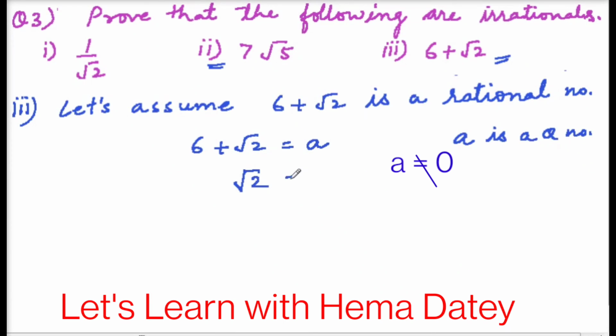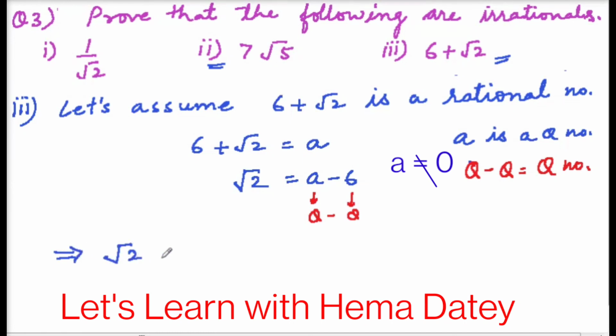It can also be written root 2 equals A minus 6. Here A is a rational number, 6 is also a rational number. So difference of two rational numbers is again a rational number. It implies that root 2 is a rational number.